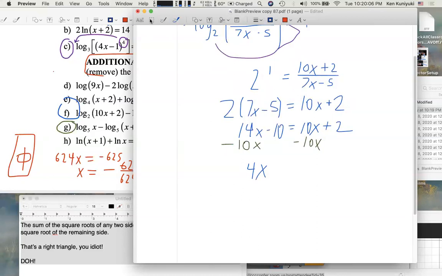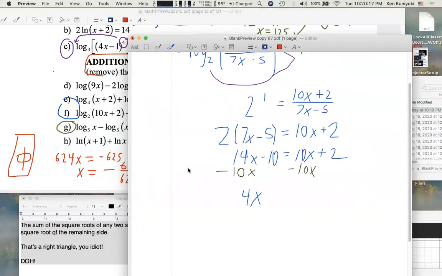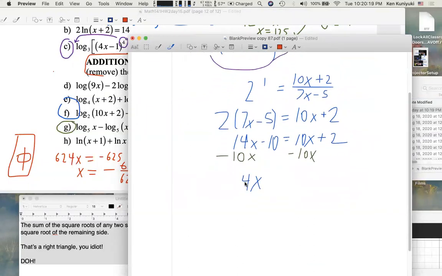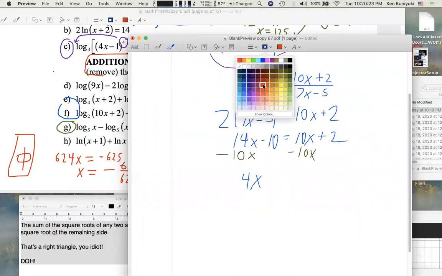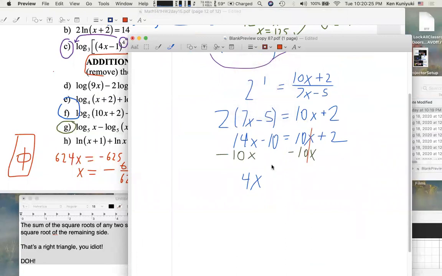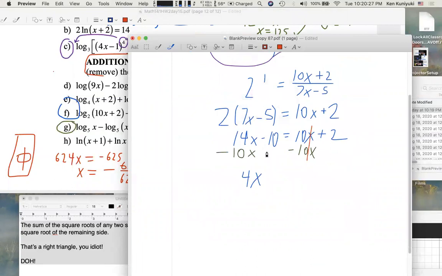These strike out. They add to 0. And we're going to add 10 to both sides.